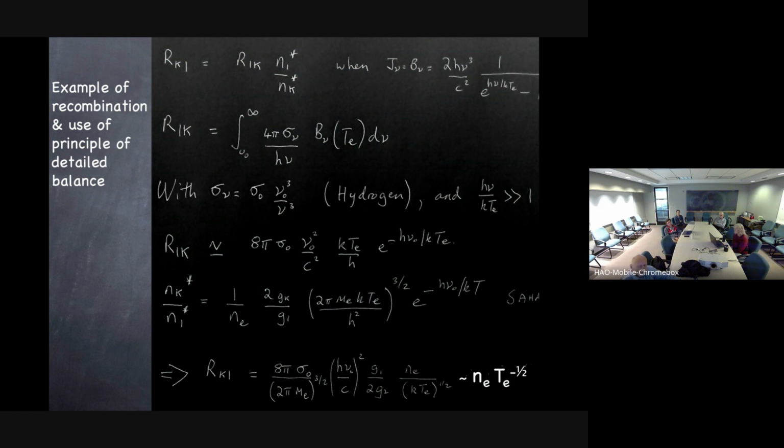And so what we end up with here, remember the ionization rate was a function of e to the minus delta E over kT. And if I'm saying two-body processes balance each other, and this is a two-body process, and we can ignore the three-body collision recombination, then what we've got is a function of E over kT balancing this term here.